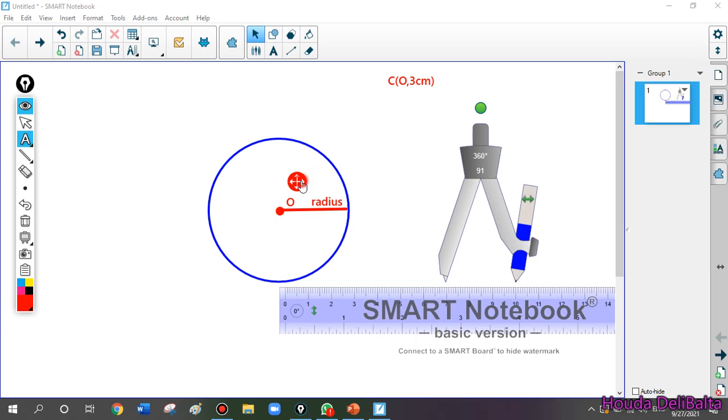Now, if I'm going to join a point, for example, a point here, let's use another color, for example pink, and let me put a point here, and I'm going to draw a segment joining this point, passing through the center to the other side of the circle.